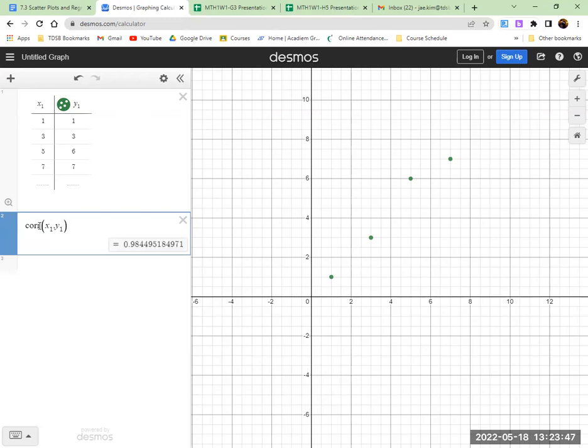Ta-da! What is that? It means the correlation coefficient. That sounds like a kid's rhyme, okay? Correlation coefficient R is 0.98. In other words, if you have a line of best fit, would you say it's a decent relationship? Yeah. It's a really strong positive relationship.